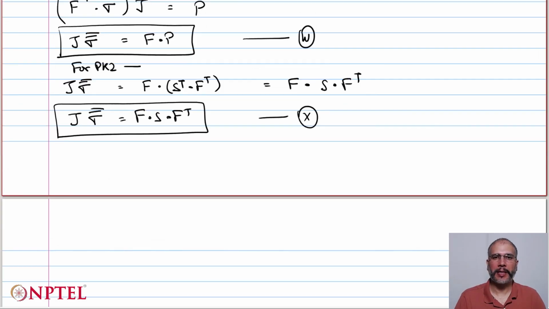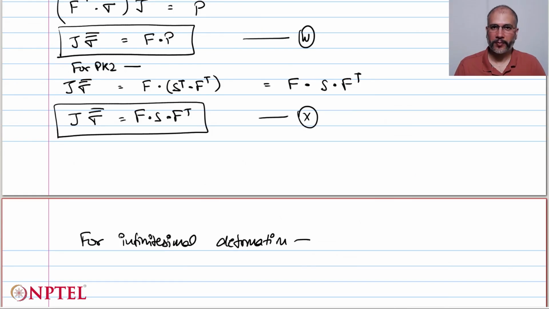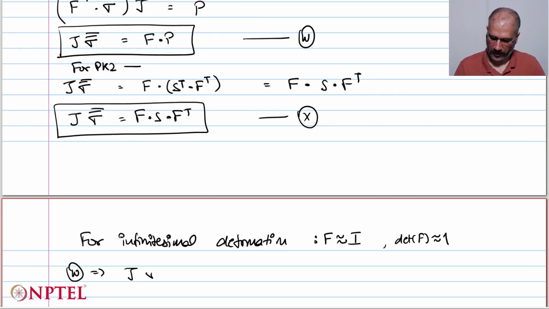Now if I consider infinitesimal deformation as a special case, then we know that for infinitesimal deformations, F is approximately identity. We have already shown that. And then the determinant of F is approximately equal to 1. So then W would imply that J times sigma becomes approximately P, and since J is the determinant of F, this goes away.